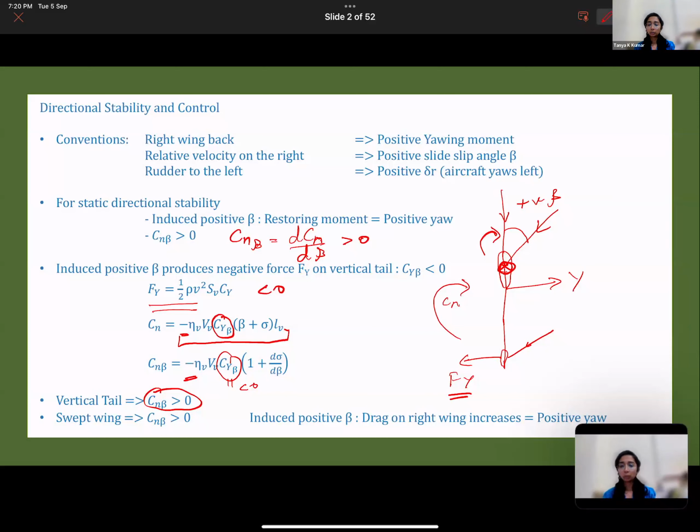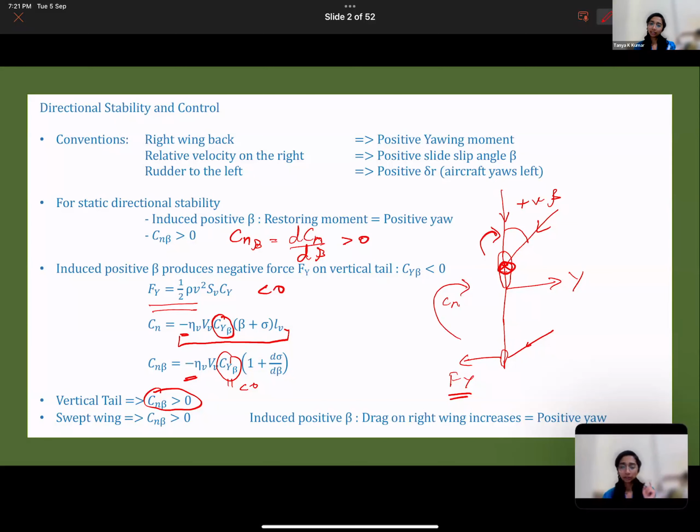What was the only condition for static stability in the longitudinal case? dCm by d alpha should be less than 0. Perfect. In our directional stability case, the only condition is that Cn beta should be positive.